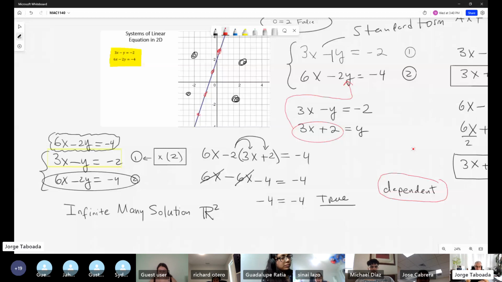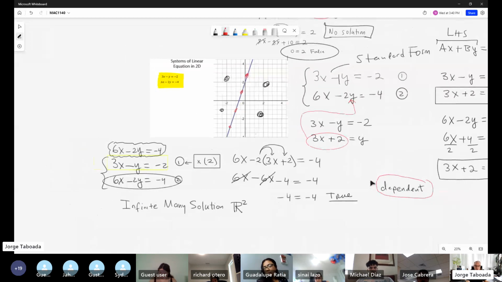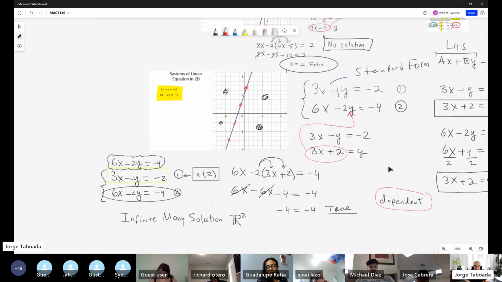It's the nicest scenario when they are independent. Independent means it's impossible to do this: multiplication by one number and you get another equation equivalent to another equation inside the system. It's linear dependent and linear independent. For example, in example 2, the equations are totally linearly independent.